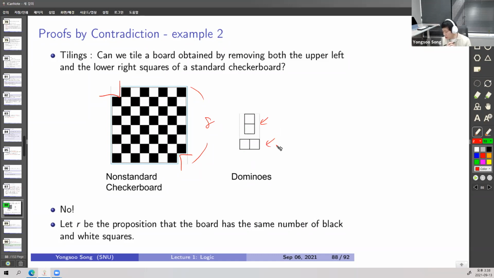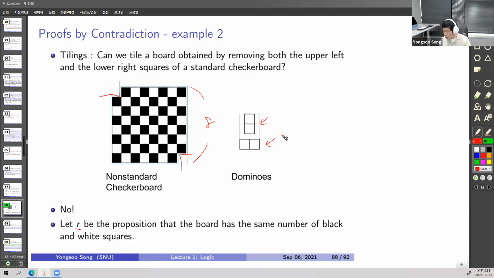This is the question, and the answer is no, because let's define R as a proposition such that this board has the same number of black and white squares. Suppose that we can tile this board using these dominoes.